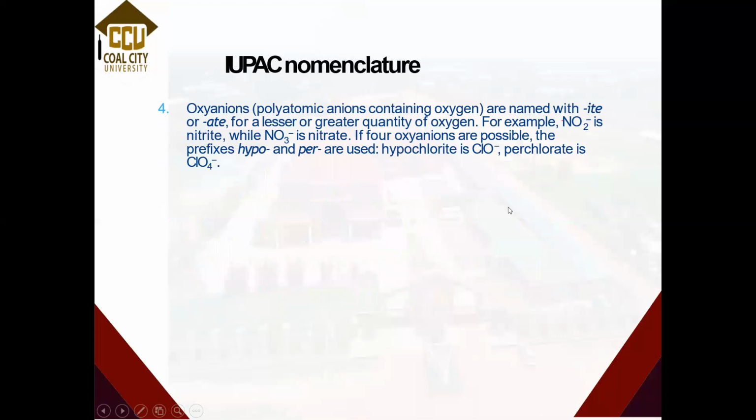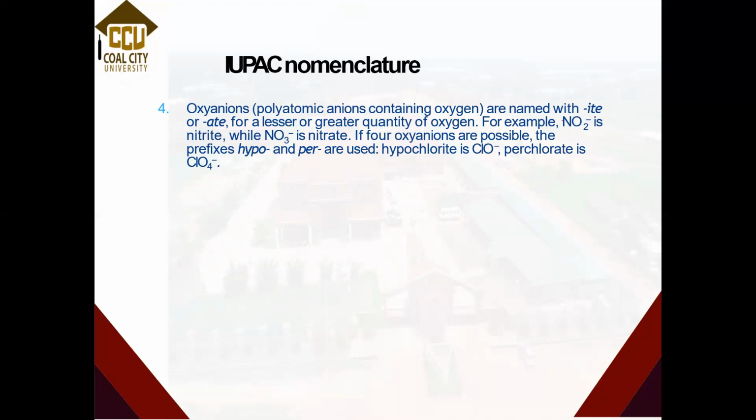Another important thing is oxyanions. When we have polyatomic anions containing oxygen, we call it an oxyanion. They are named using the -ite or -ate suffix for a lesser or greater quantity of oxygen. For example, if I have NO2-, it's called a nitrite because the number of oxygen is 2. When I have more oxygen, I call it a nitrate.